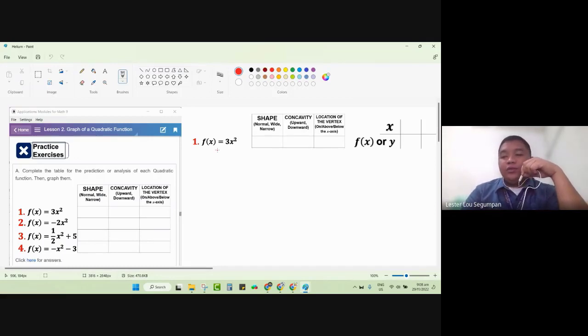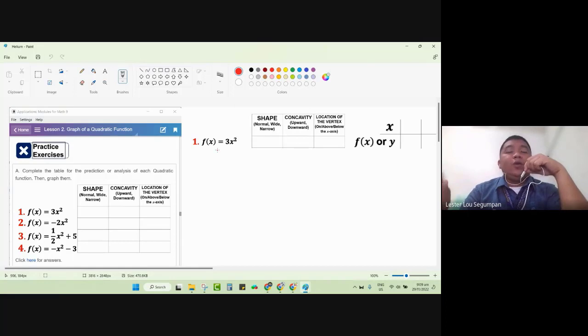If we just use the values 0, 1, 2, 3, 4, we may not be able to see the picture of the graph of the function using the table of values we could gather. Hence, lesson number 2 is more concerned with the graph of a quadratic function.